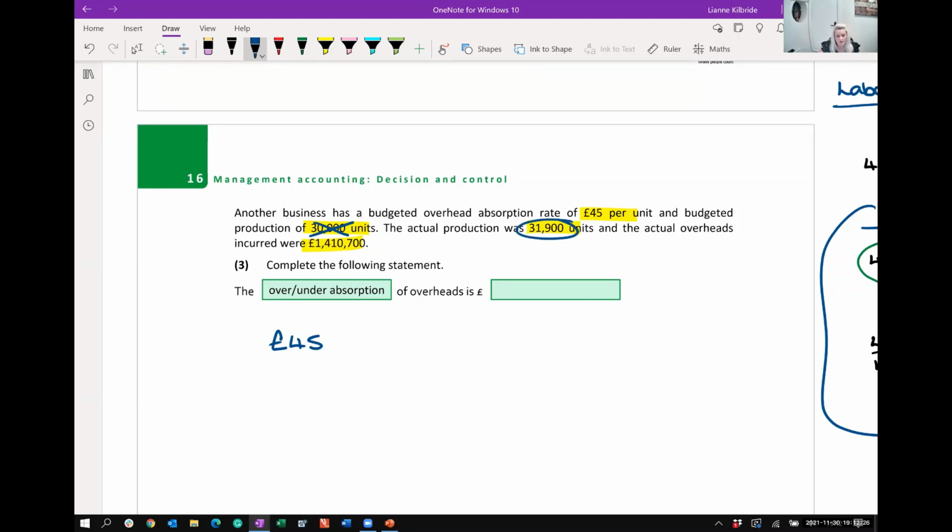So that's been put in there as a red herring for you. Okay, so 45 multiplied by the actual units of production of 31,900 gives us a total flexed budget cost of 1,435,500. So that's our flexed budget cost.